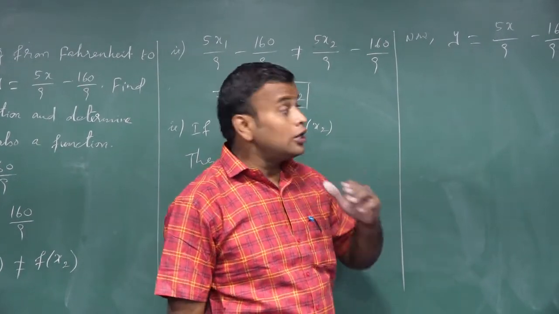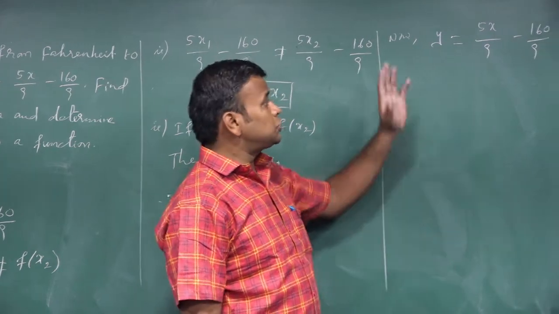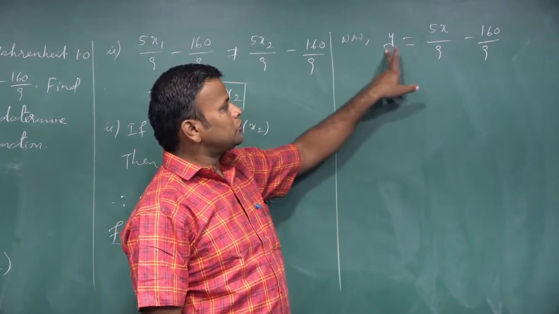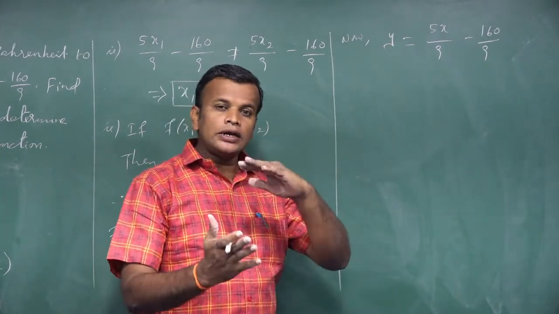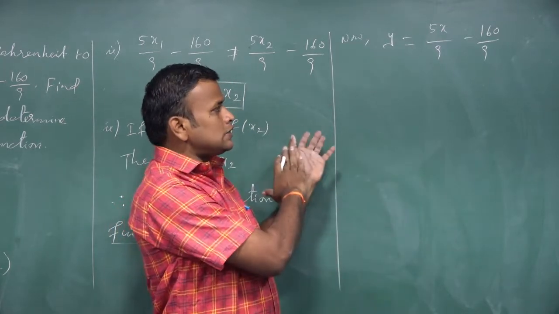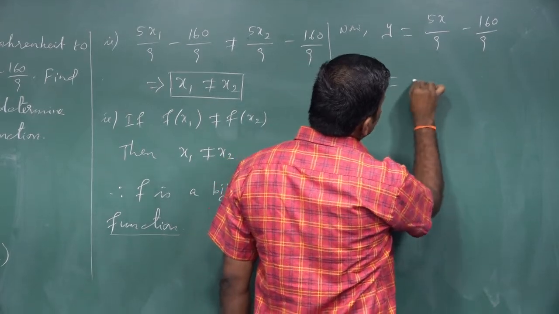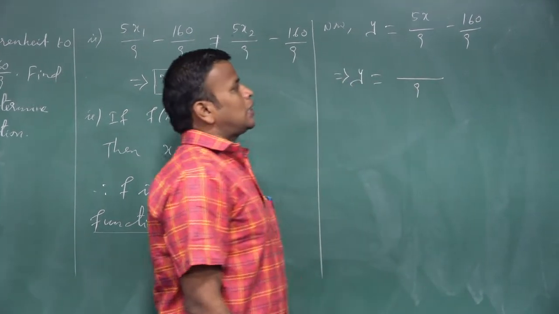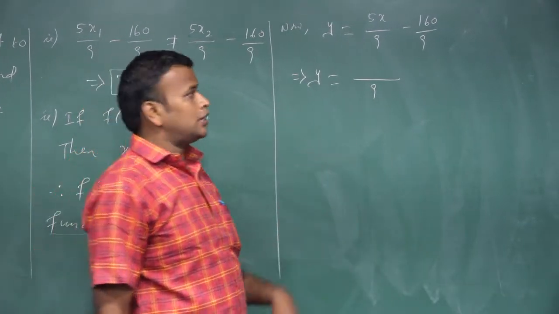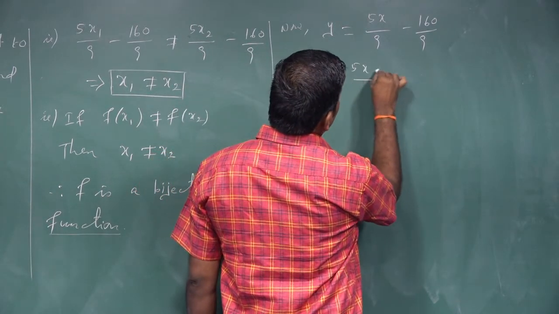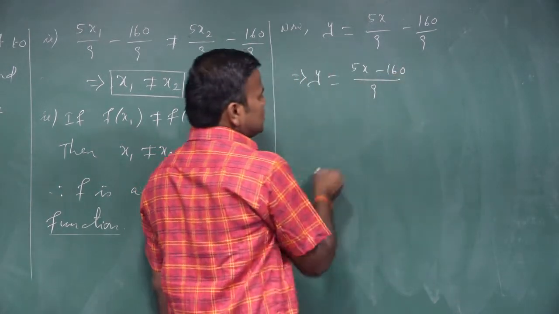Now to find the inverse of this function, we change the variable. Here y is a function of x. Now we write in reverse: we write x as a function of y. So y is equal to, we see the 9 is common, so I write the whole divided by 9: 5x minus 160.